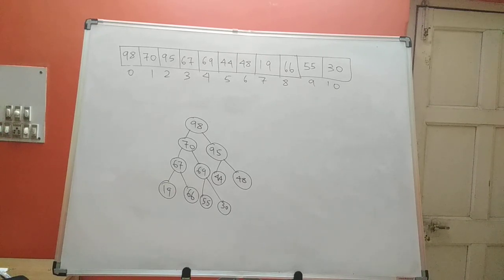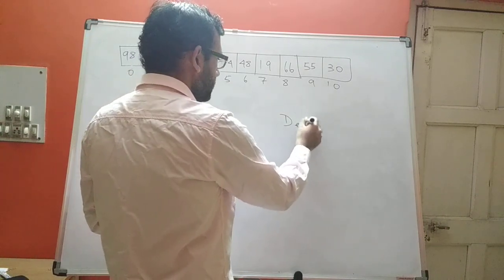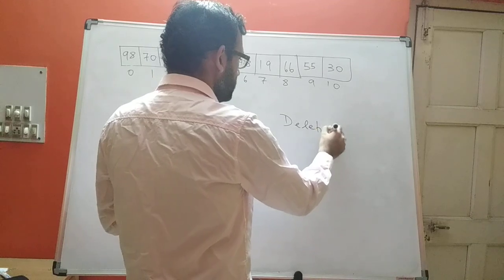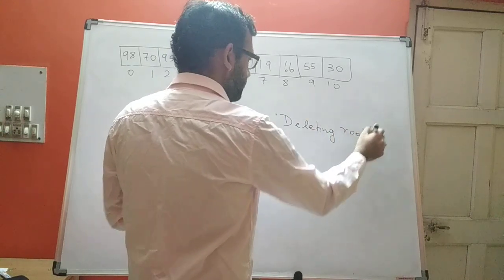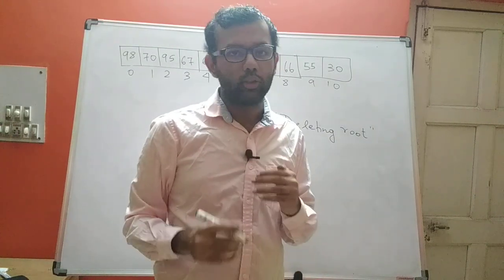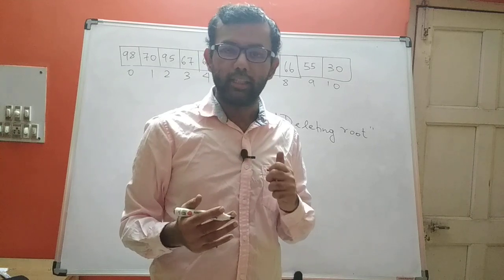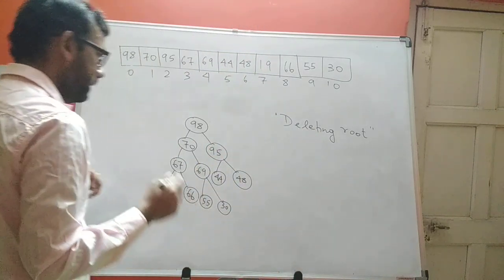Now what do you do? Now, in order to carry out heap sort, you will have to keep on deleting the root node. And as and when you delete the root node, you make your readjustments and you will see we'll slowly get a sorted order on this array. So let's see how.